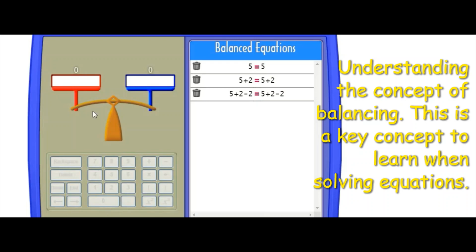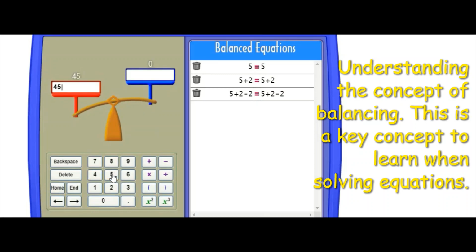So, let's increase the numbers and see if the pattern is the same. So let's say that I have 45 on this side, right? Now, what I'm going to do, instead of writing 45 over here, I'm going to write 45 as a sum of 2 numbers. So you know that 45 is the same thing as saying 20 plus 25.